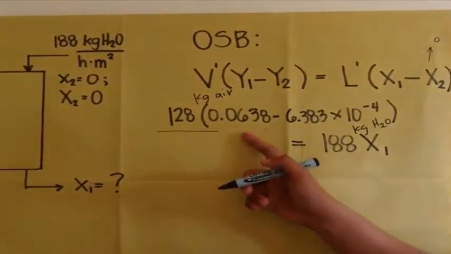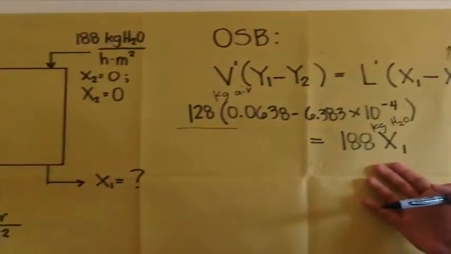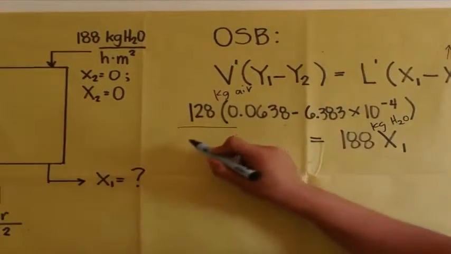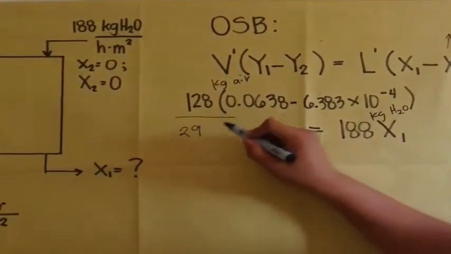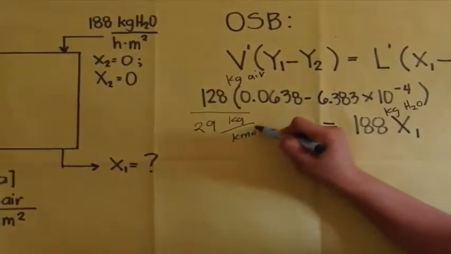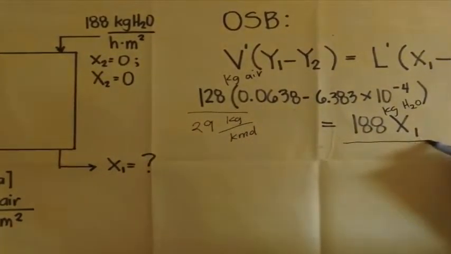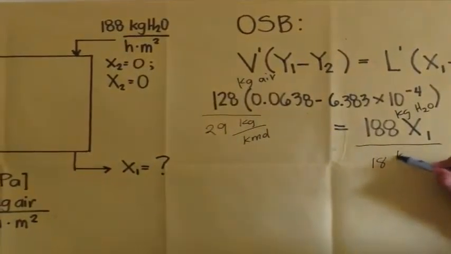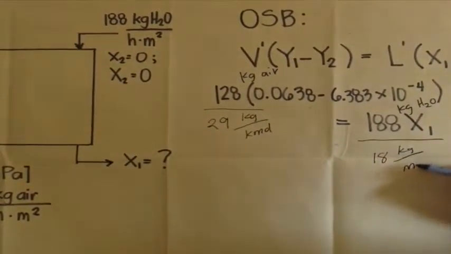We will just divide our amounts by their molecular weight. The molecular weight of air is 29 kilograms per kilomole, while water has a molecular weight of 18 kilograms per kilomole.